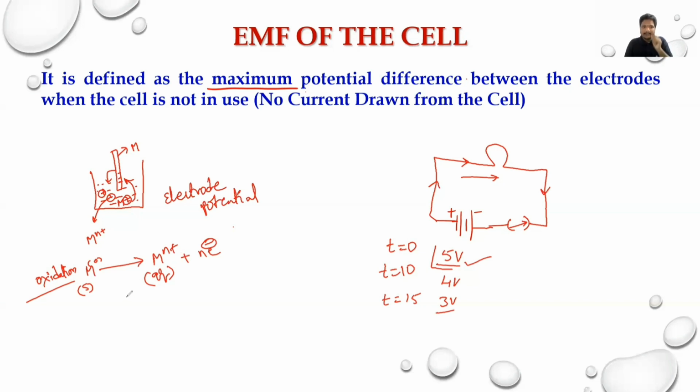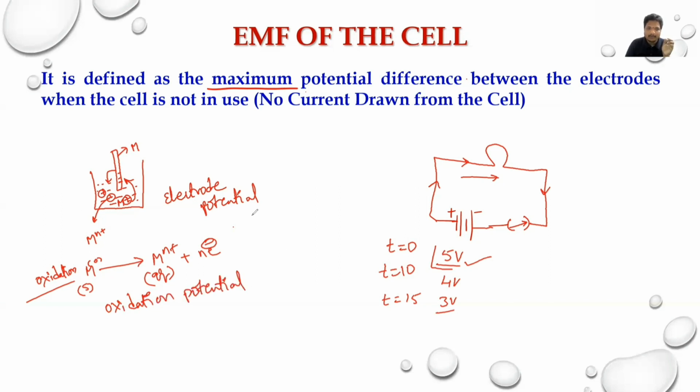Here I am considering the oxidation reaction. Due to the oxidation reaction, there is a discharge of metal ions from the metal surface and an increase in electron density on the metal. This potential is what we call oxidation potential.